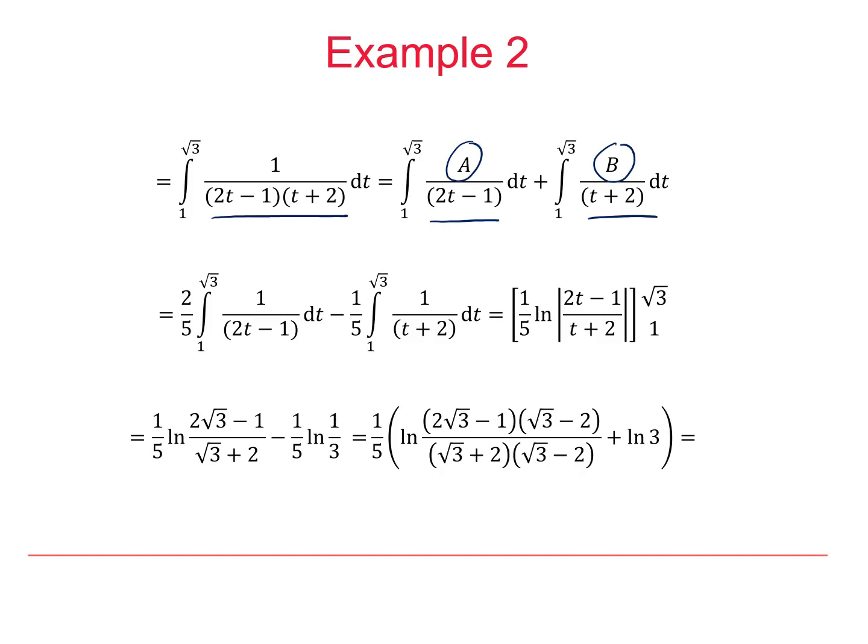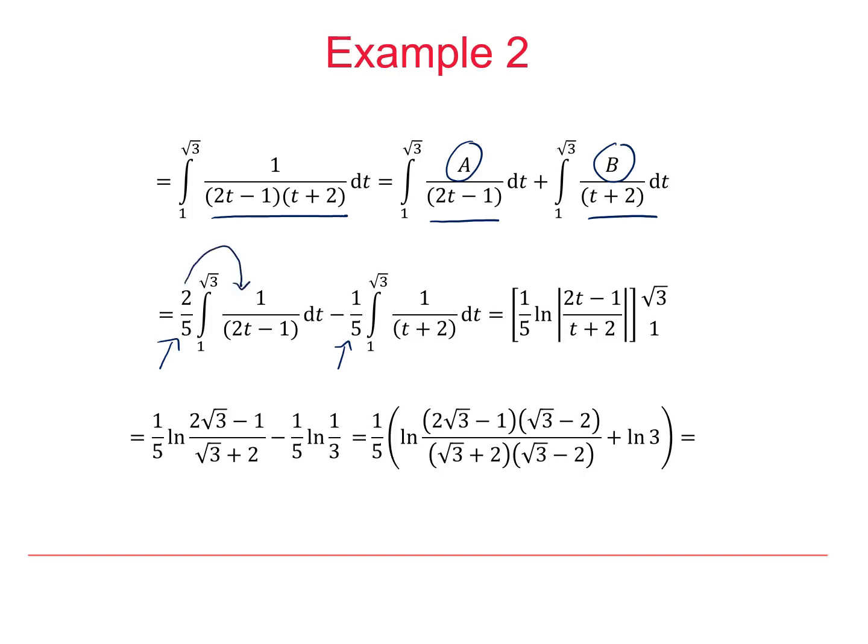This is an ideal application for the cover-up rule. If you haven't used the cover-up rule yet, it's worth researching how it works. The cover-up rule will give us 2/5 for a and negative 1/5 for b. I can then go ahead and integrate those.